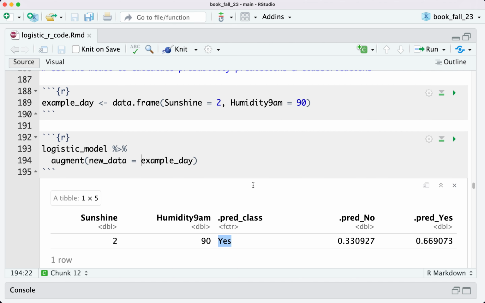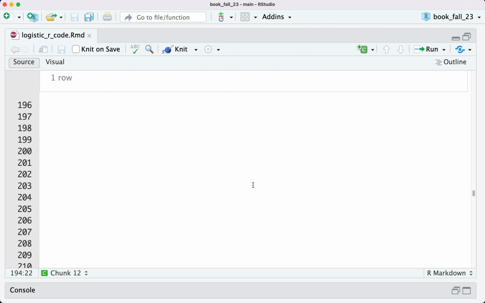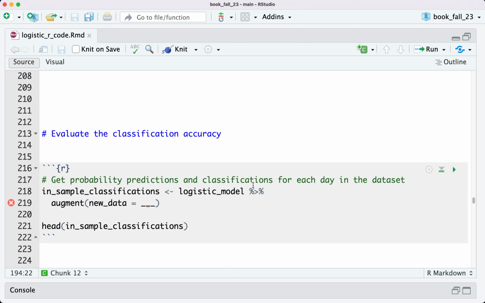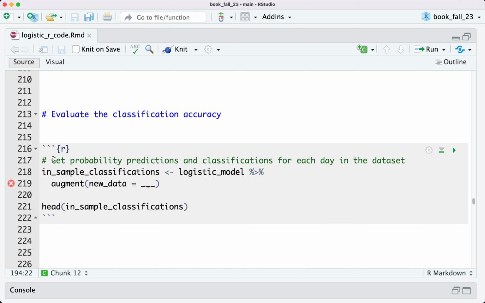Now that's how we get a prediction for just one day. Say if I wanted to use my model to predict rain in the future. But we can also use some of these tools to evaluate the classifications from this model. So instead of trying to make a prediction for the future, we can get probability predictions and classifications for each day in our observed data set.